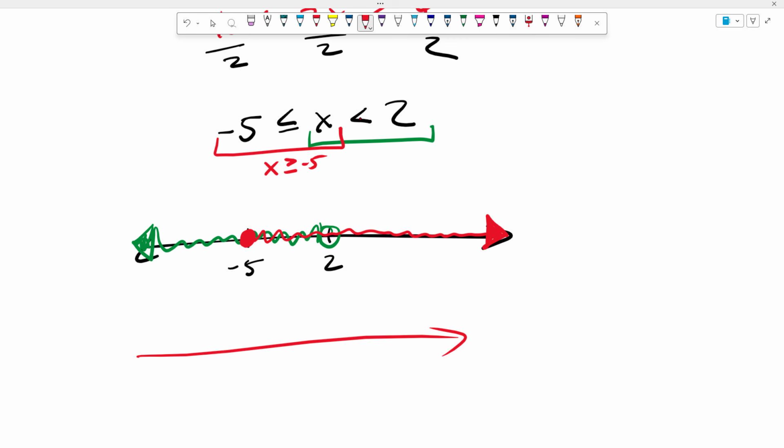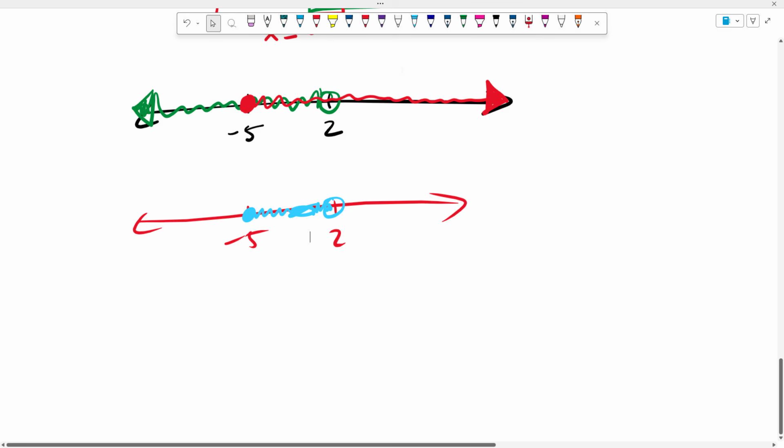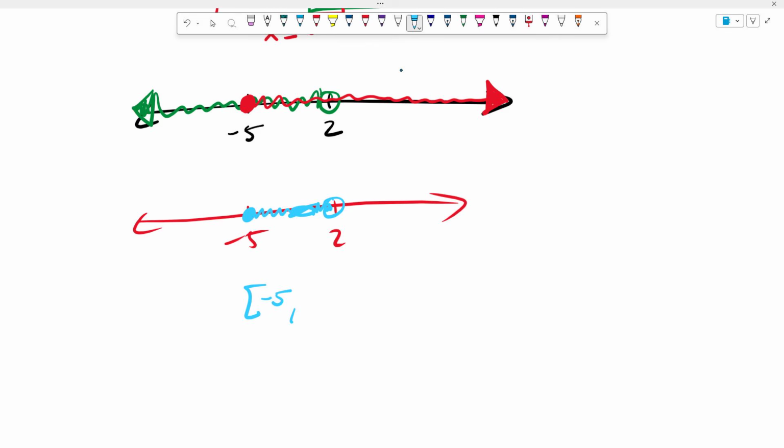So that is that set of numbers, which is only one interval. So it's all the numbers between -5 and 2, excluding 2, including -5.